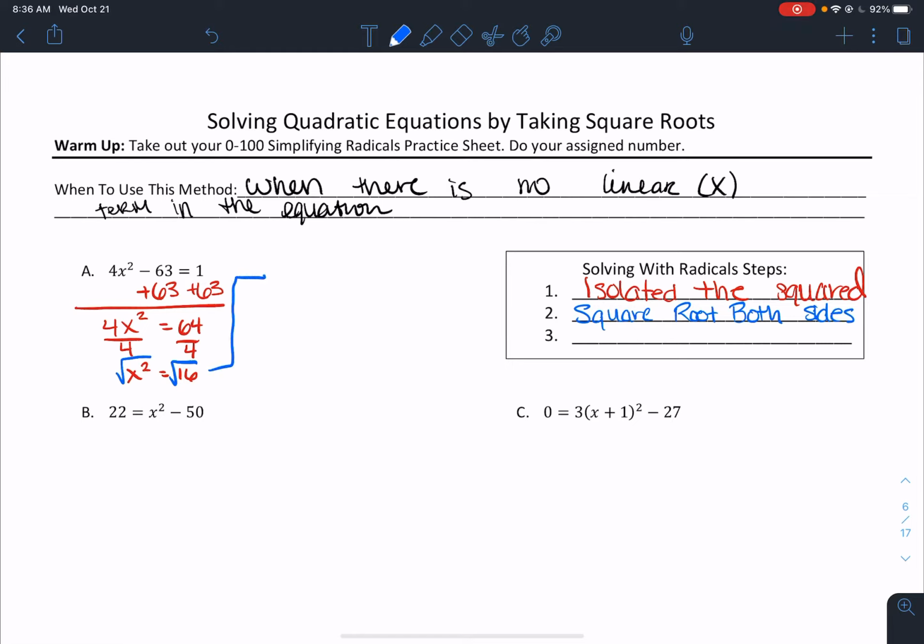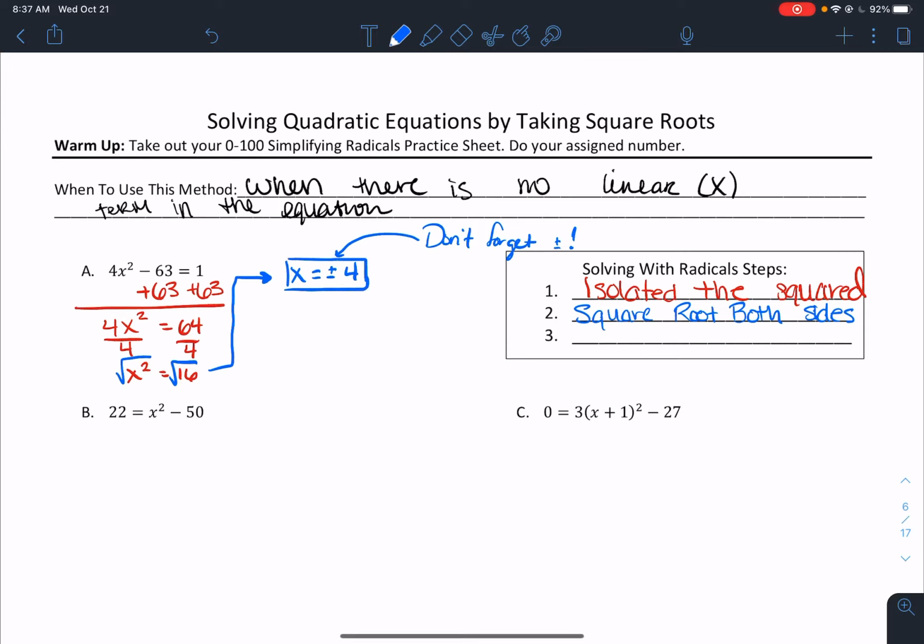So now I have x equals 4, that's the square root of 16, but I have to include my plus or minus. You don't want to forget your plus or minus symbol because, sure, 4 is a solution to this equation. I absolutely agree.